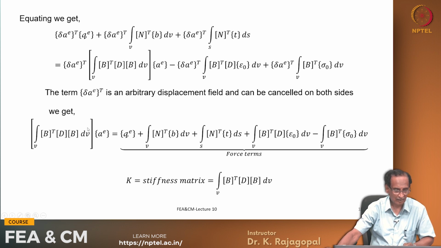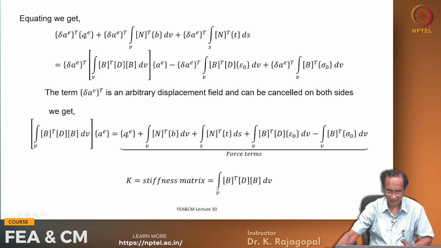That means this quantity in the square brackets must be the stiffness matrix, B transpose dB dV.